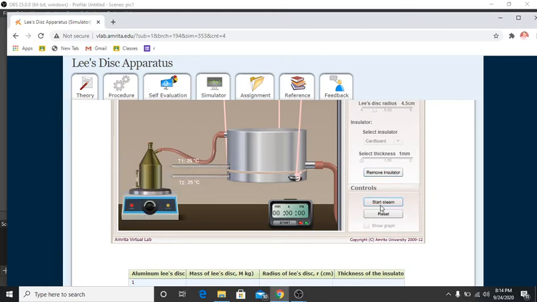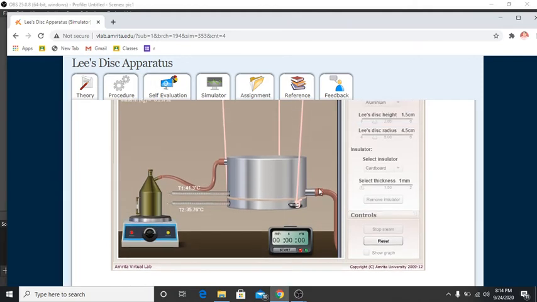Now you have to start the steam, and the temperature is going to rise after a certain time. Physically it takes half an hour, but here it will take a small time. You can see on your screen that it is changing. Now you have to wait till the steady state is attained.